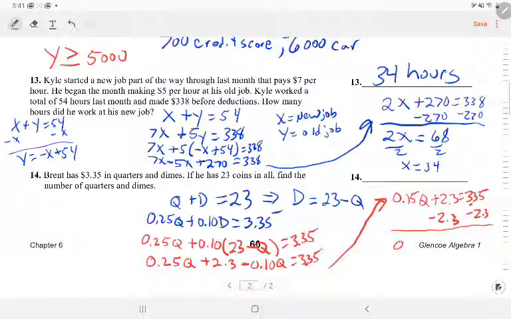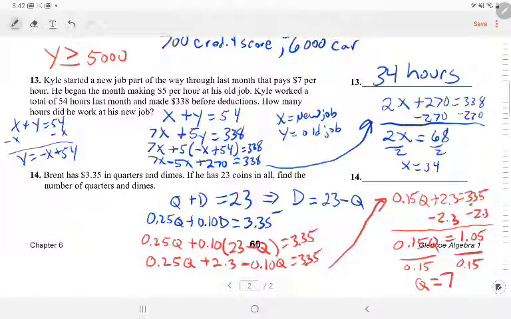That leaves me with 0.15Q, and that equals 1.05. And then we divide that by 0.15. And then Q will equal 7.